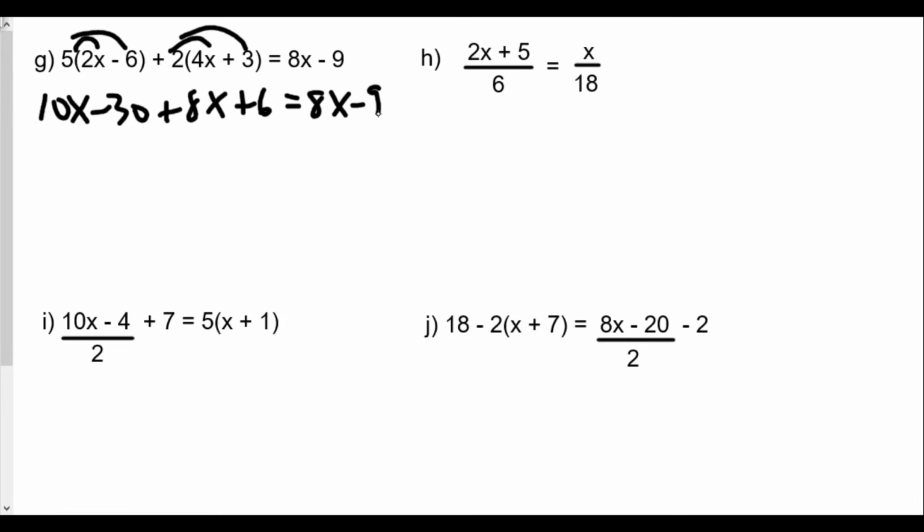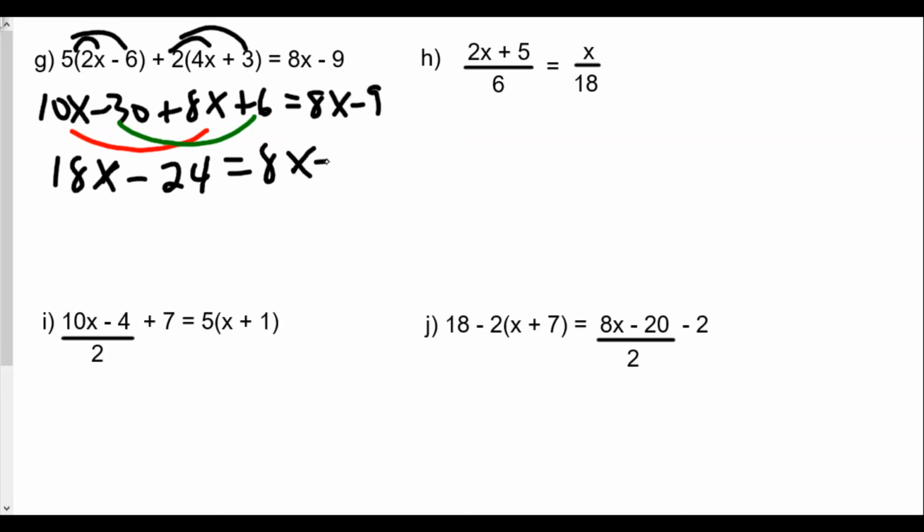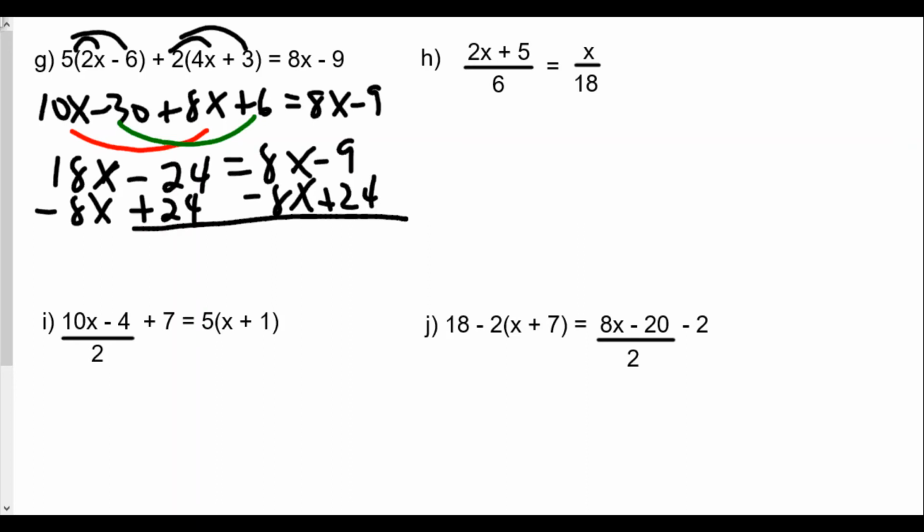So we have the 10x plus 8x will give us the 18x. The -30 and the 6 will give us a -24 equals 8x minus 9. Subtracting 8x on both sides. You can also add 24 on both sides too, because you're balancing everything out.